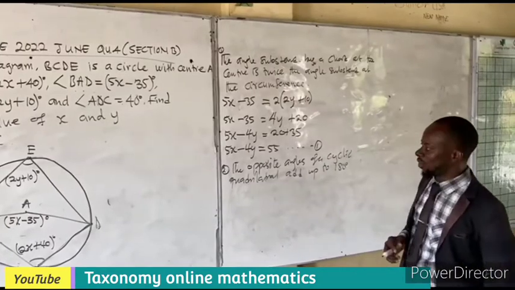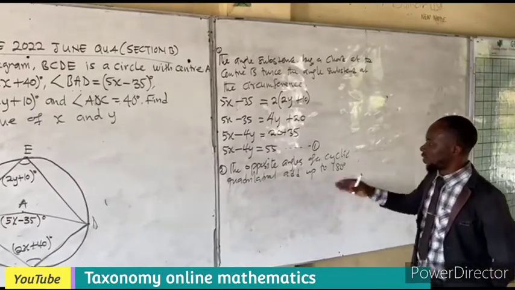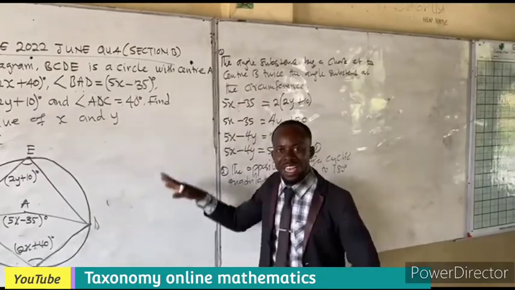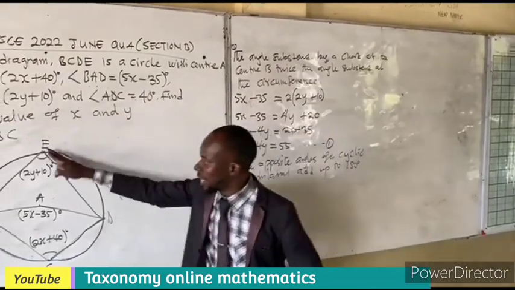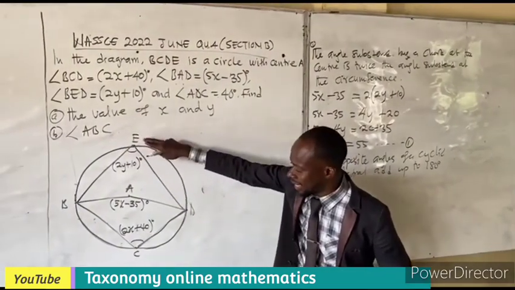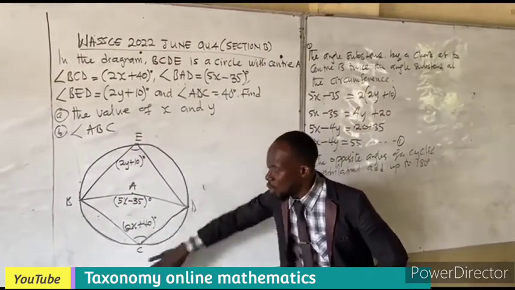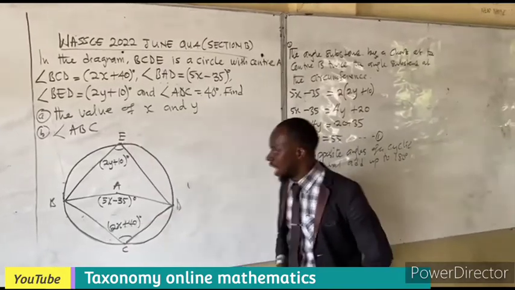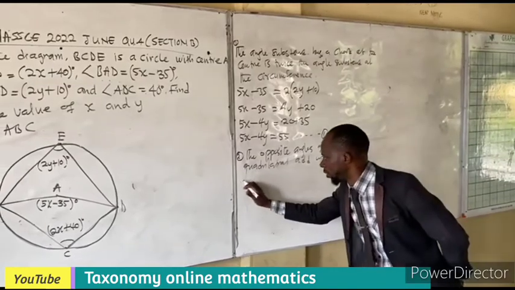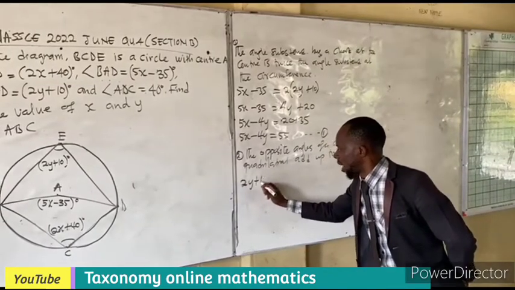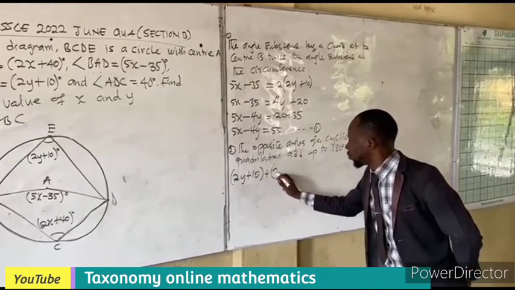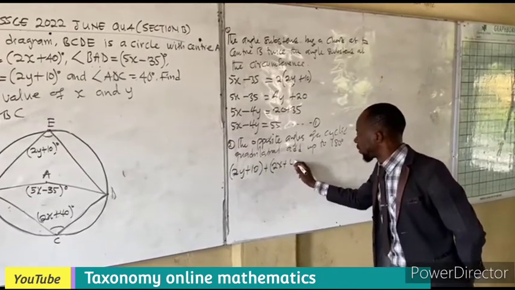Now, the second theorem: the opposite angles of a cyclic quadrilateral, a quadrilateral that is formed inside a circle, add up to 180. So the opposite angles here, the angle at E and the angle at C, are opposite. So we add those two angles to give us 180, meaning 2y plus 10 in this bracket plus 2x plus 40.